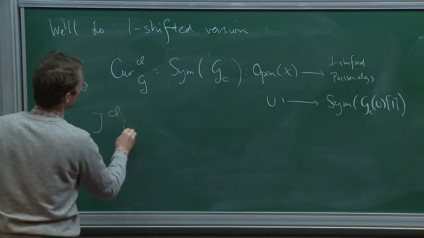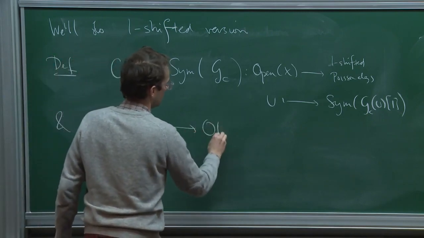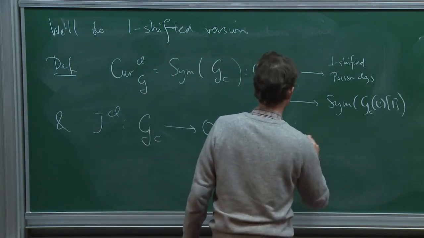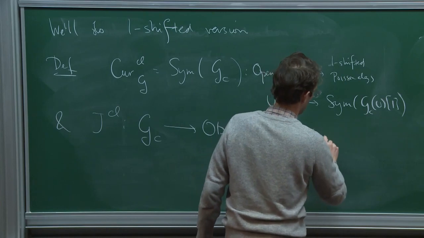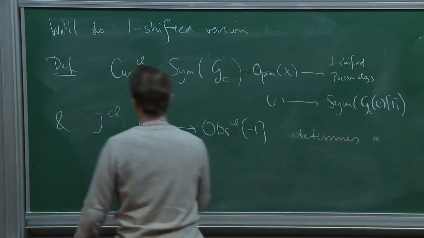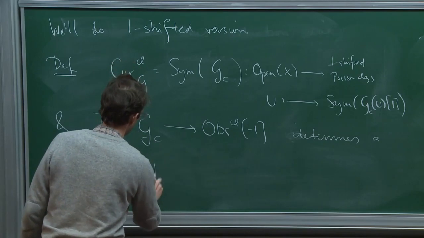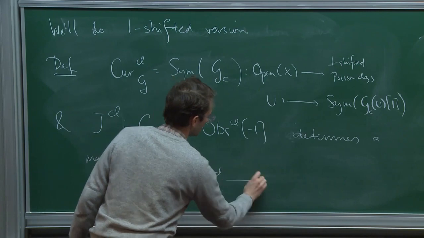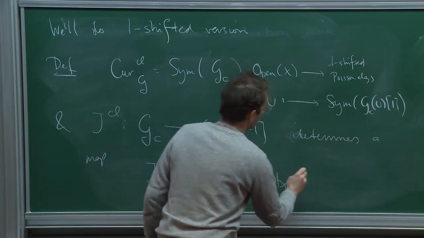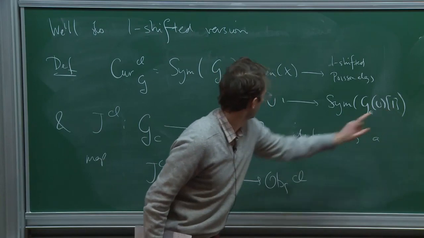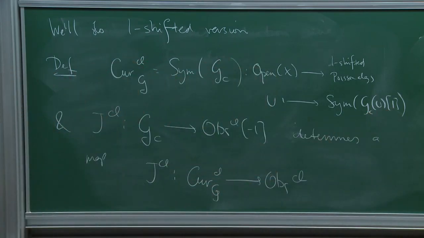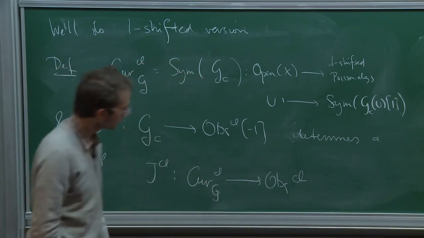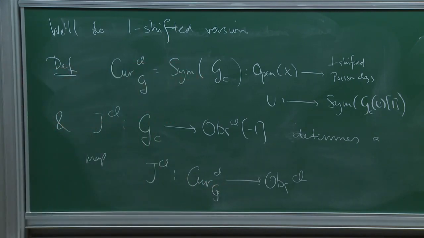And J classical determines a map, which I'll also call J classical abusively, from the currents. So this shift here cancels out this shift here. So this is a map of pre-Cauchy sheaves of shifted Poisson algebras.